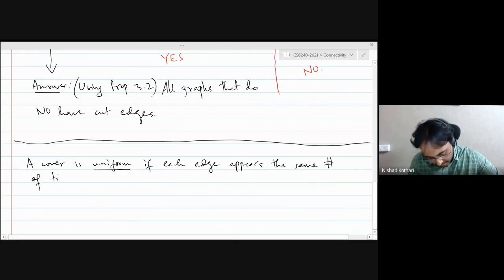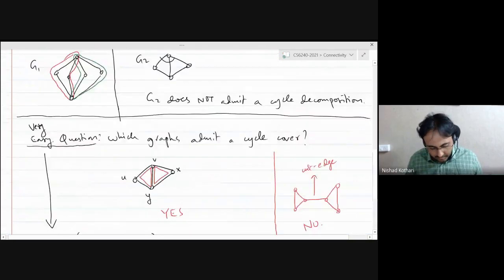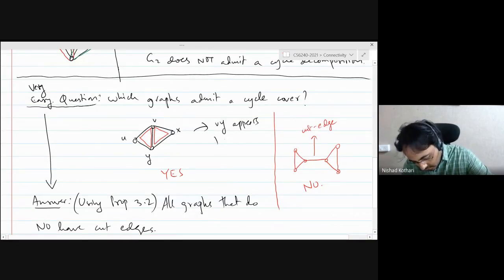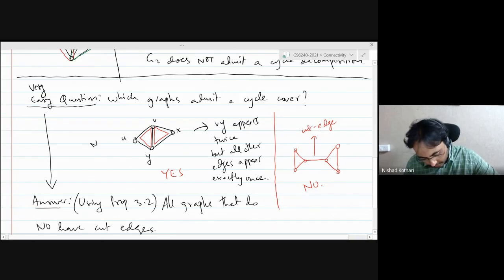Let me give you an example using the example we've already seen. In this case, the edge VY appears twice, but all other edges appear, or if you like, are covered exactly once. So this is not a uniform cover.